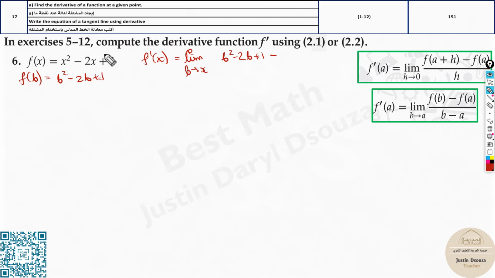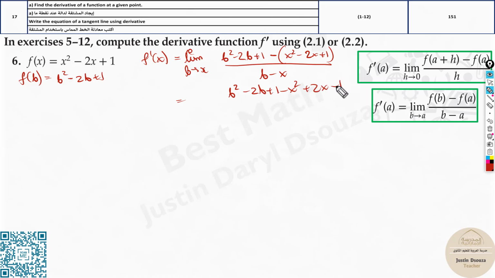See, this is not a, it's x, this term itself, but use the brackets, x squared minus 2x plus 1, divided by b minus x. Now let's remove this. I'm not going to write the limit because it's there everywhere, okay? I'll just write the right side. So it's b squared minus 2b plus 1 minus x squared plus 2x minus 1.